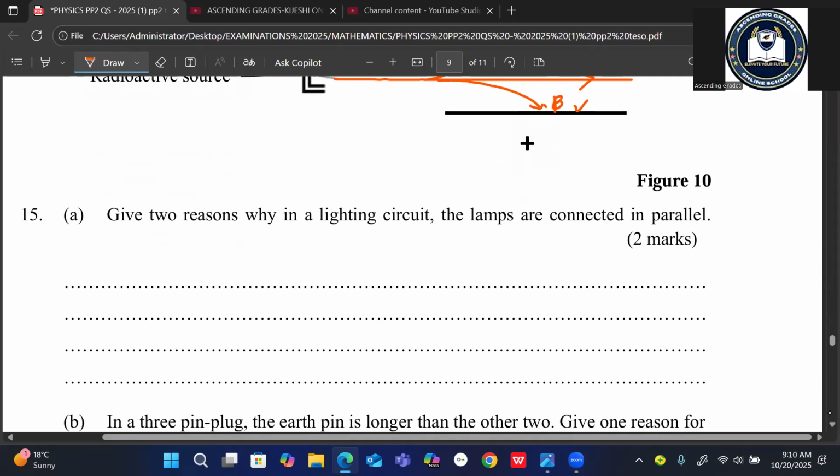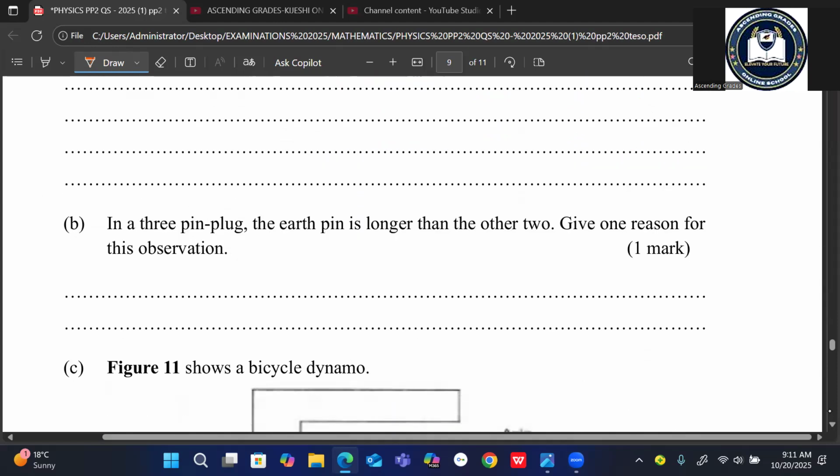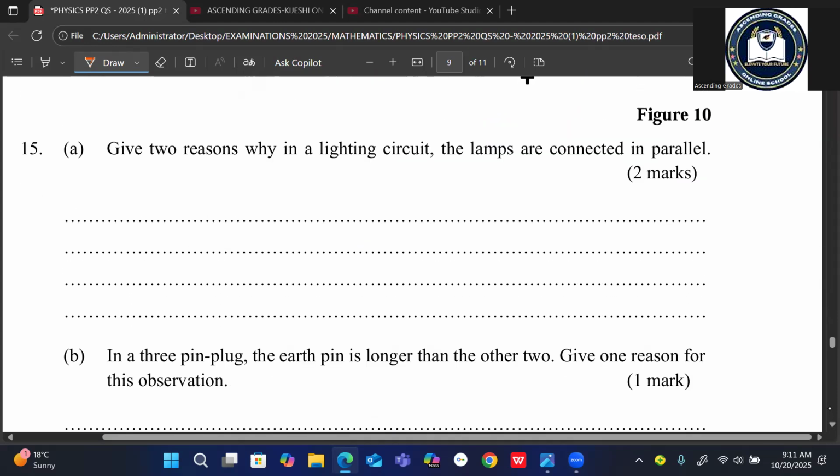Give two reasons as to why in a lighting circuit lamps are connected in parallel. They are connected in parallel. So we have the first part, the first question.